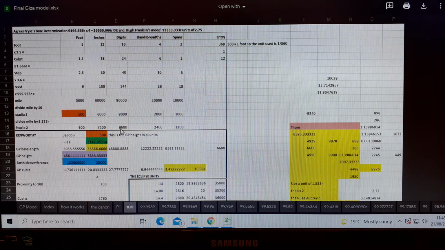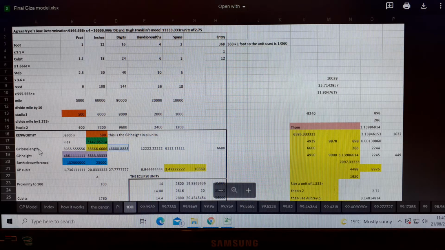And if we look at the number of spans in the GP base length, it's 6111.1111. Now that in feet is a geodetic mile that I've worked out using the new metrology. So there's nothing wrong with Harry's stuff.